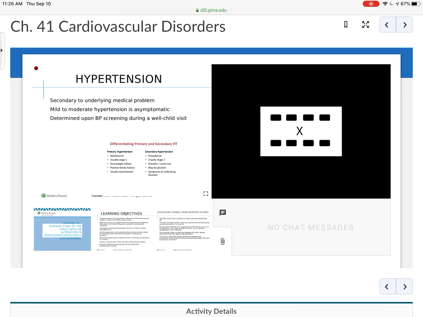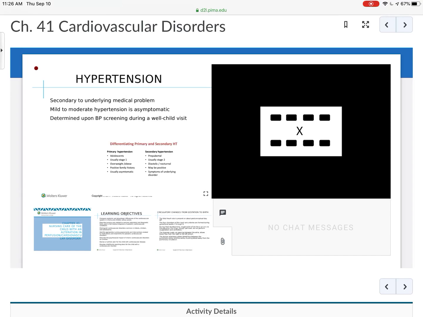Hypertension. So we see hypertension. I won't go a lot into that because you did learn about hypertension in med-surg, but we are seeing it in the younger kids. It's usually associated with increased body mass index and then that weight circumference. Kids who are hypertensive often have long-term health effects that follow them into adulthood.